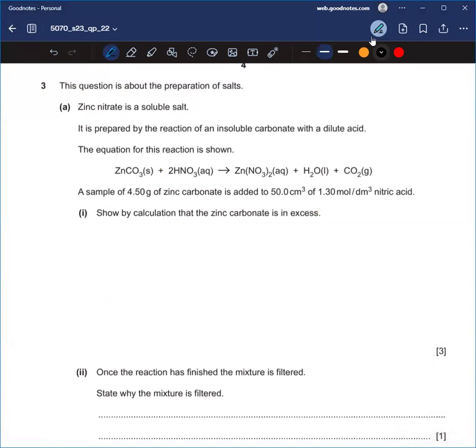This question is about the preparation of salts. Zinc nitrate is a soluble salt. It is prepared by the reaction of an insoluble carbonate with the dilute acid.